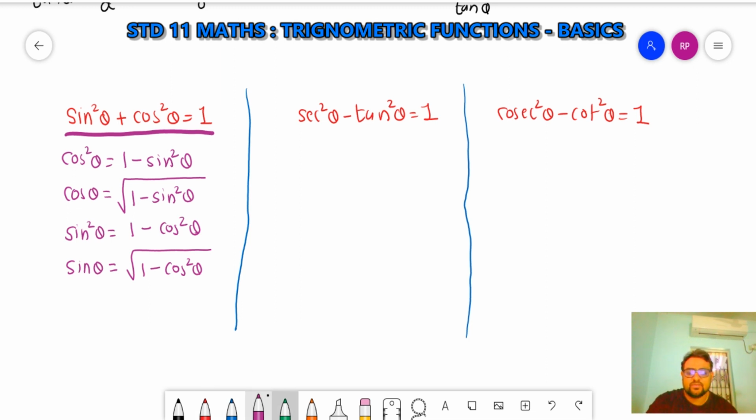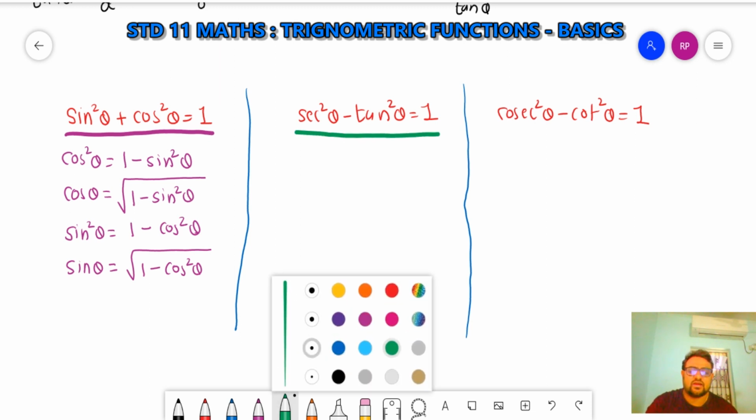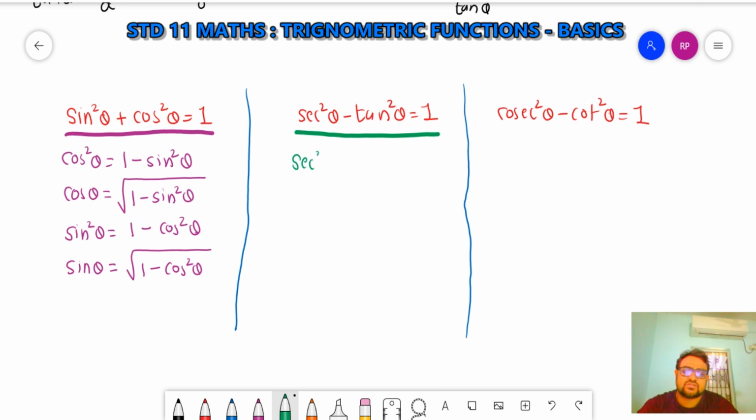Clear? Similarly, for sec square theta minus tan square theta, I can use sec square theta is equal to 1 plus tan square theta, or sec theta is equal to square root of 1 plus tan square theta.